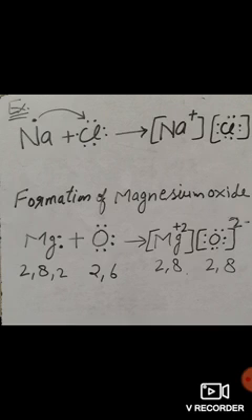Chlorine wants 1 electron to complete its octet, and sodium wants to lose 1 electron to complete its octet. So sodium gives its electron to chlorine. Sodium becomes positively charged and chlorine becomes negatively charged.